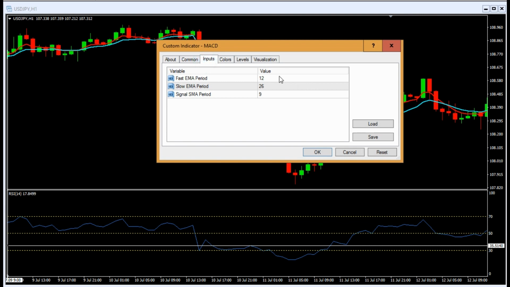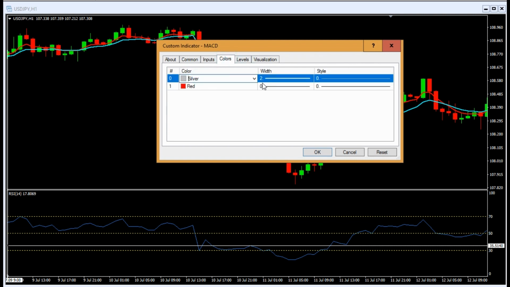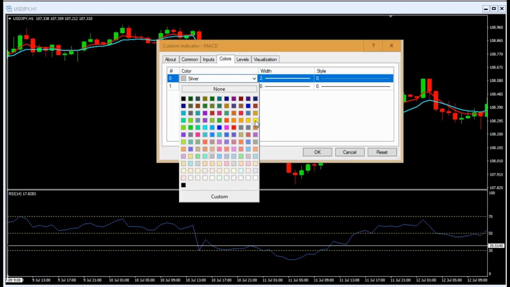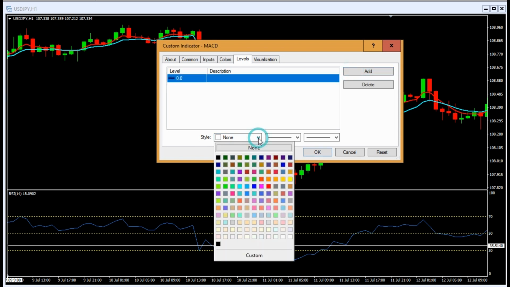In the inputs, just leave it as it is, 12, 26, 9. Colors, change the silver color to yellow, and then go to levels, add level 0, color it yellow, and click OK.